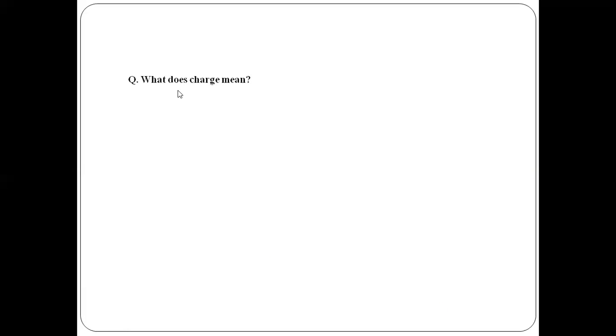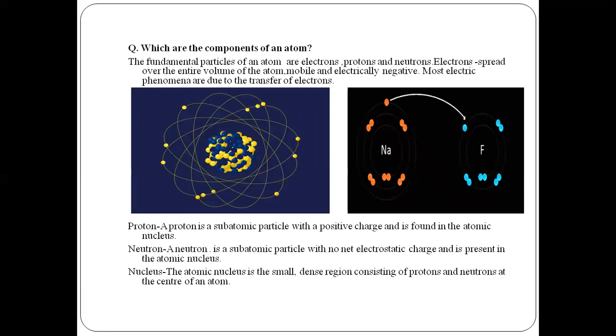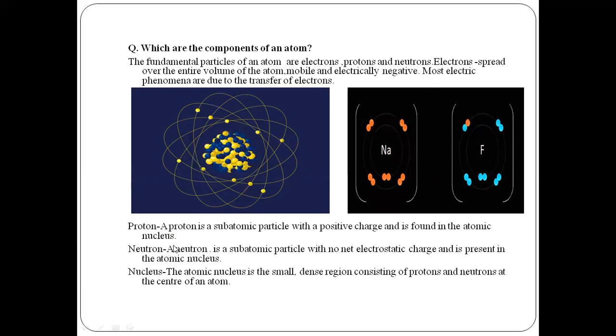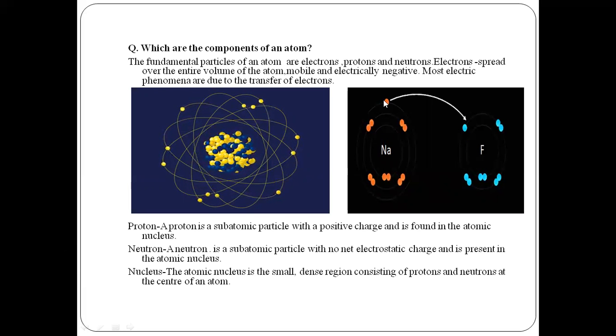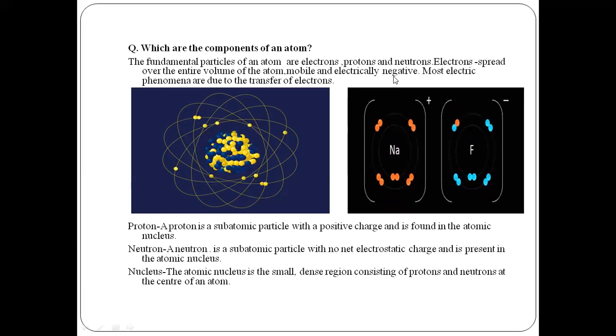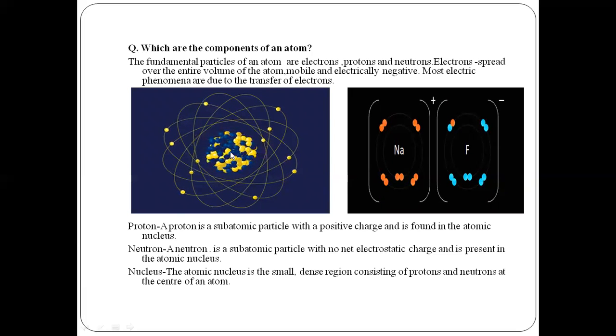Okay, children. Now, one more basic concept we have to know is charge. What does charge mean? Now we are very clear that protons are positively charged particles, neutrons are electrically neutral, and electrons are negatively charged particles.